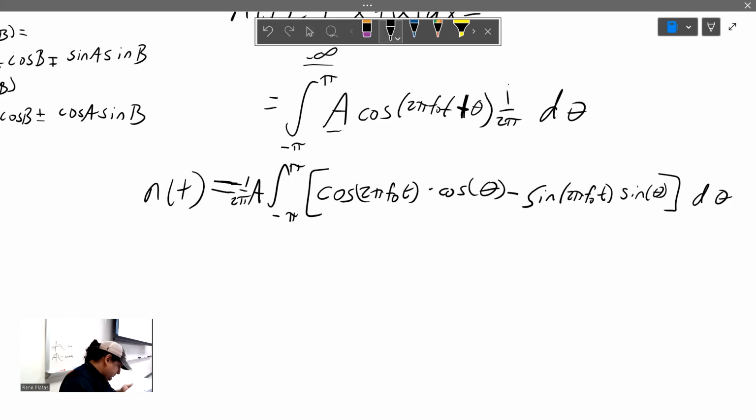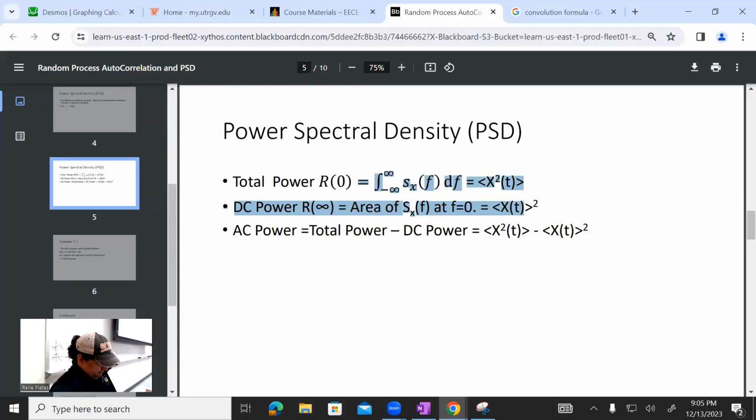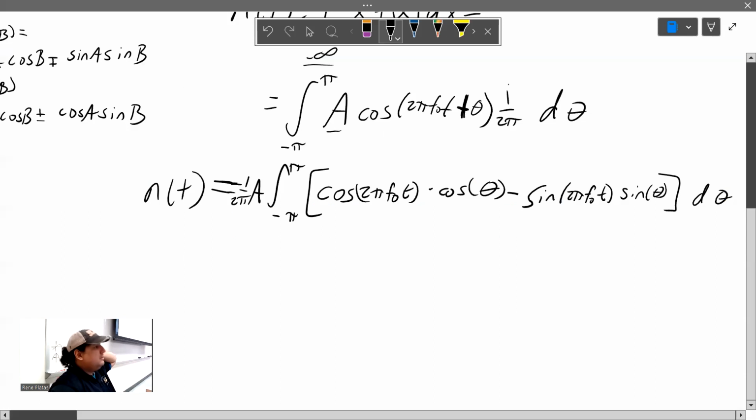Lost, but I'm gonna pretend I know what I'm saying. What is NT again? Is NT our total power? Yeah. What could it have been equal to? Easier to get this wrong.